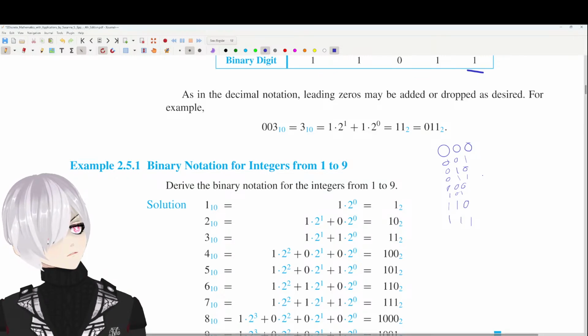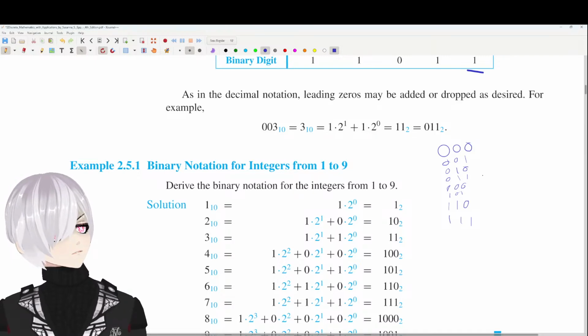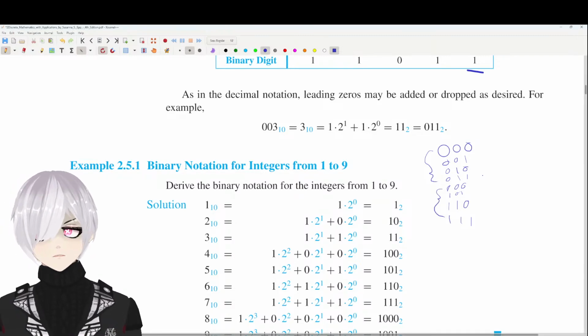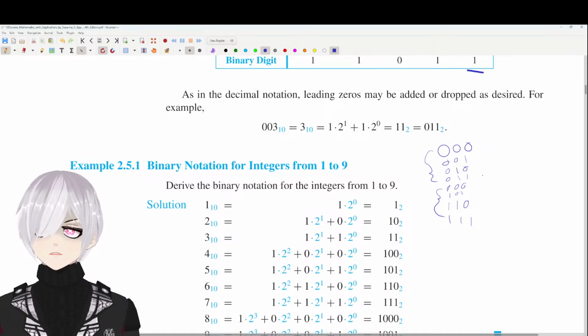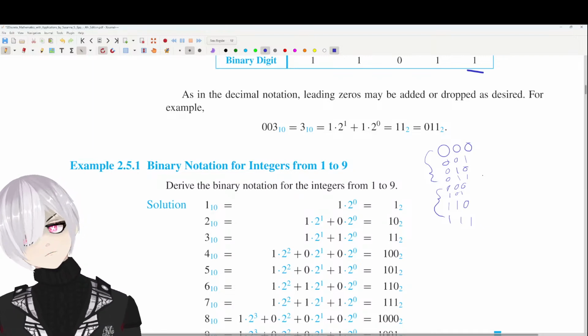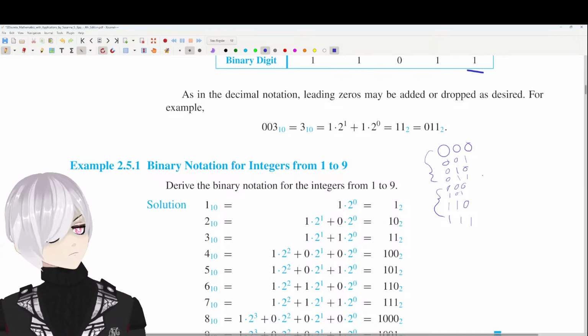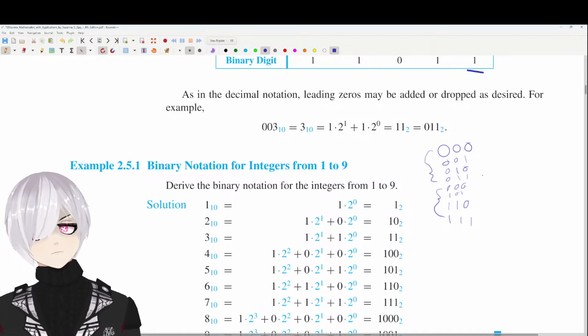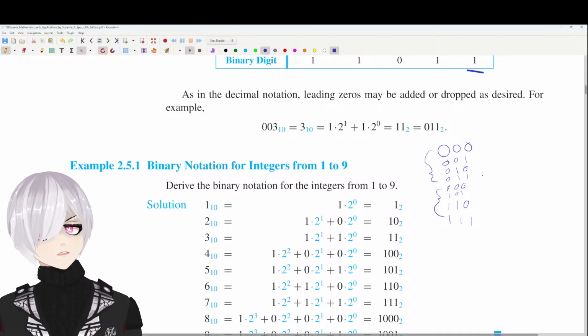Oh, yeah. I think I missed one though, because this is only 8 possibilities. Oh, it said from 1 to 9 anyway, rather than from 0 to 9. But let's see. This would be 3. This would be 6 plus 3, which is 9.